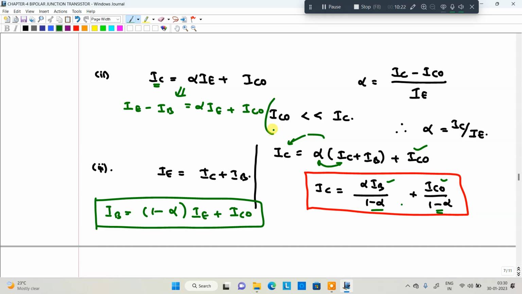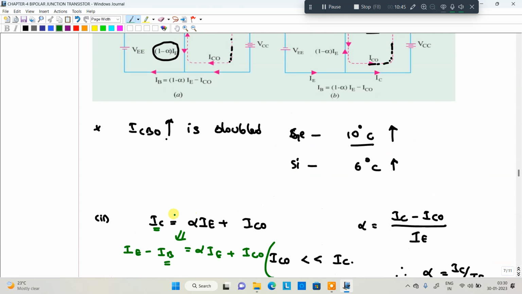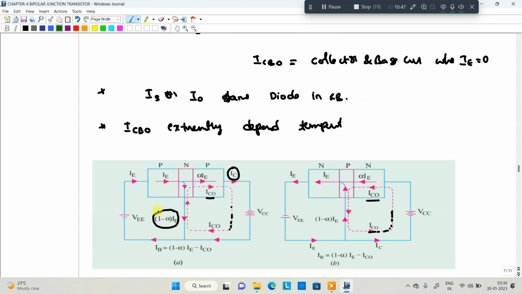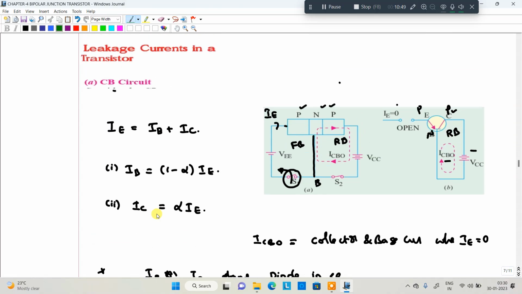From that you want IB. So IB is equal to IE minus alpha into IE plus ICO. I take IE common: IE into 1 minus alpha, plus ICO. This formula comes from here. Okay, clear? This is about the common base circuit whenever the leakage current is present.